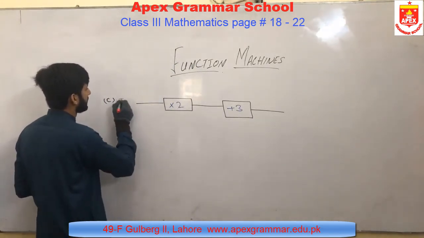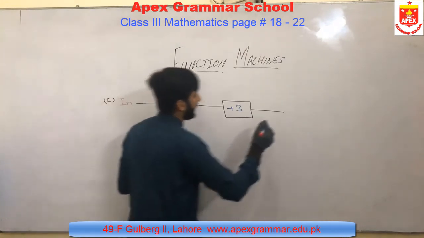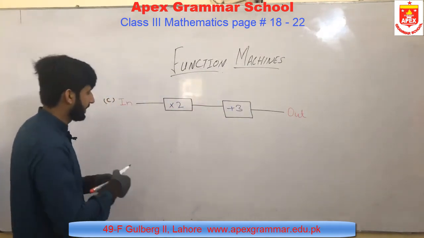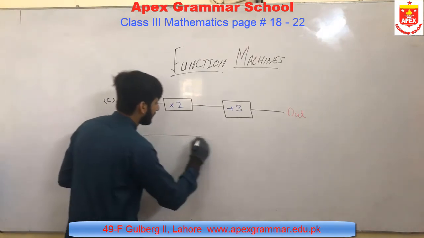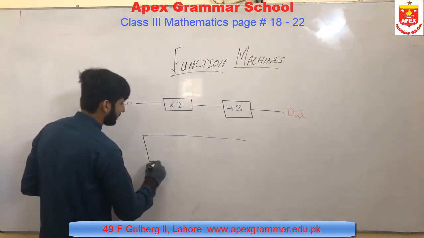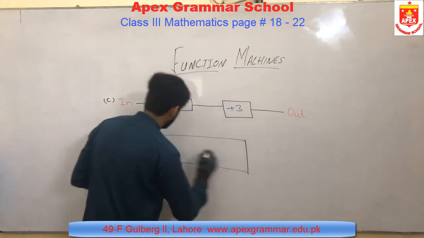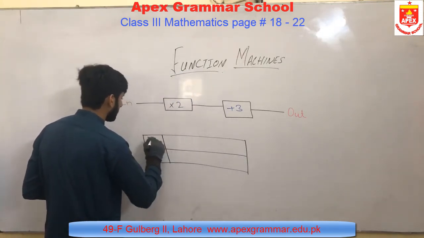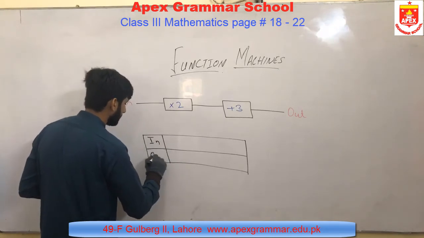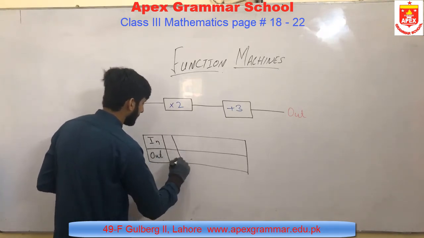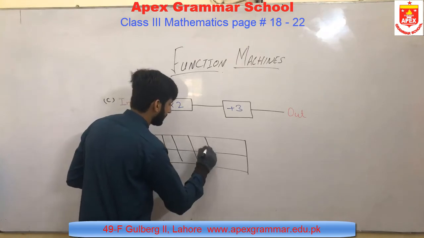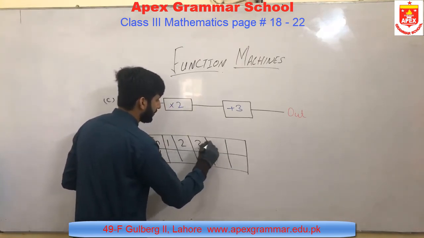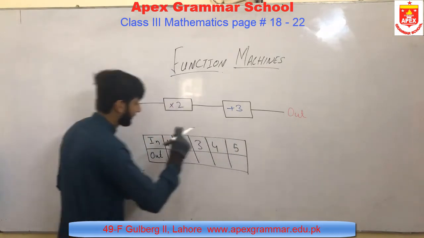This is your inside and this is your outside. Again the table is given. In, out. One, two, three, 4 and 5.